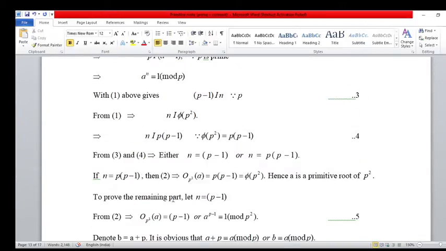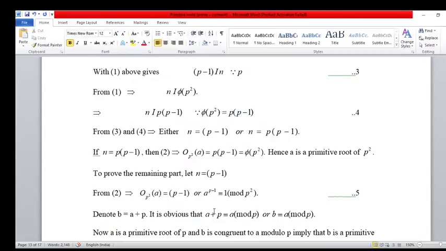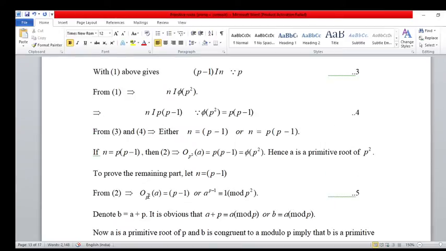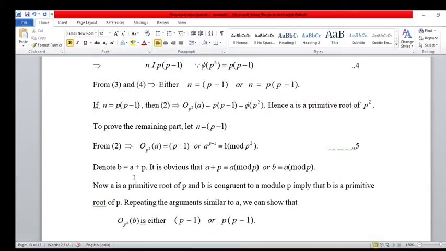Now for the remaining part, let n be equal to p minus 1, the other condition. Then again, coming back to equation number 2, the order of a mod p² is equal to p minus 1, and this can be written as a raised to the power p minus 1 congruent to 1 mod p², equation number 5. Denote b is equal to a plus p, p is prime.